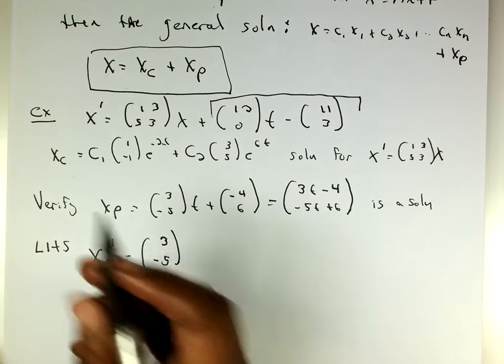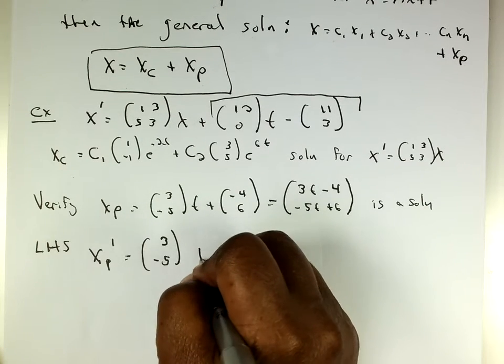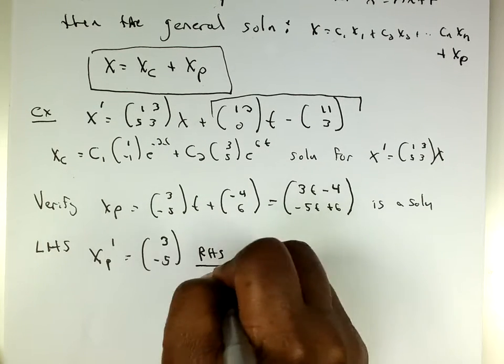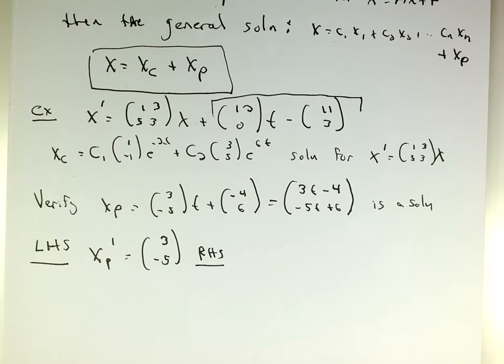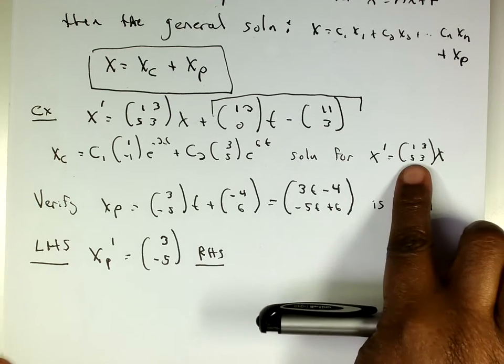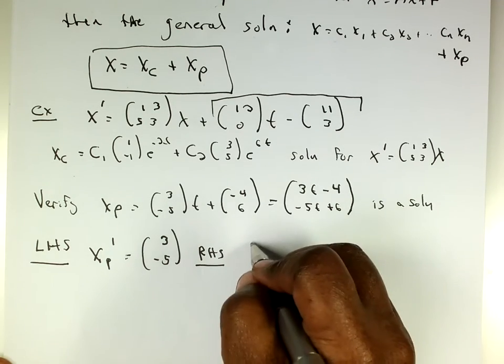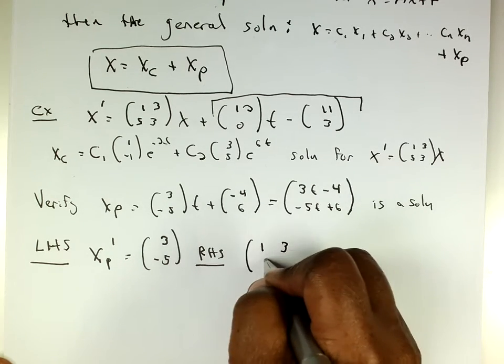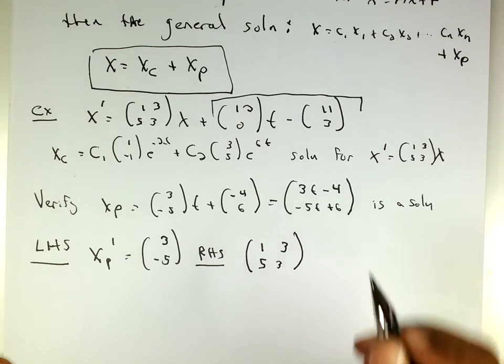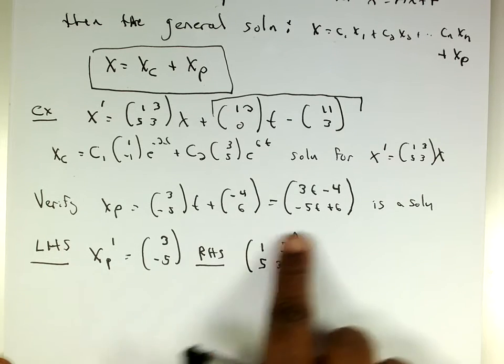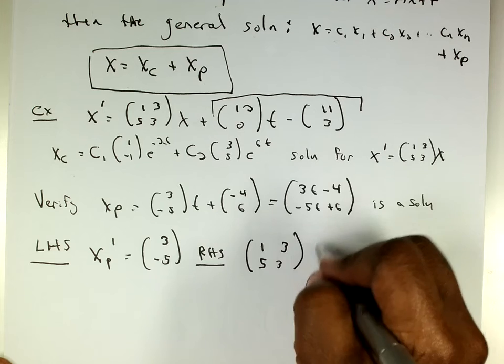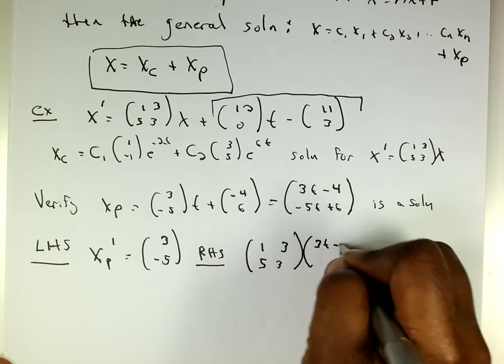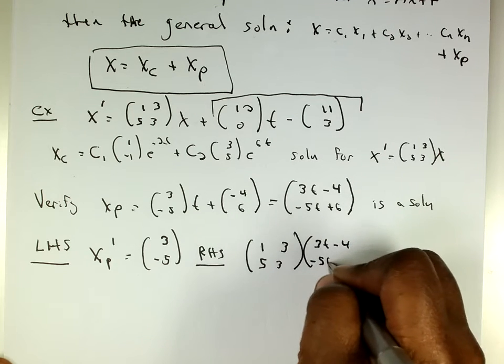The right hand side, we are going to have to multiply those matrices. So here we get the 1 3 5 3. And then we have to multiply it by xp, which is right here, our 3t minus 4 and negative 5t plus 6.